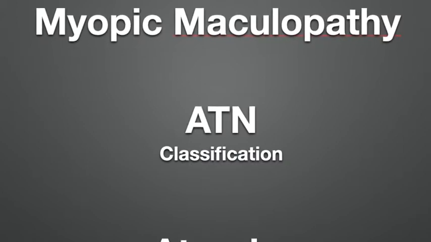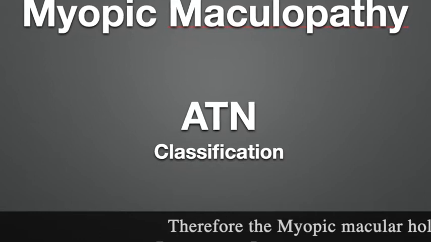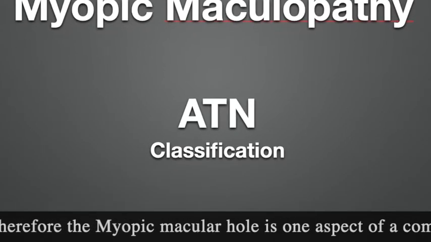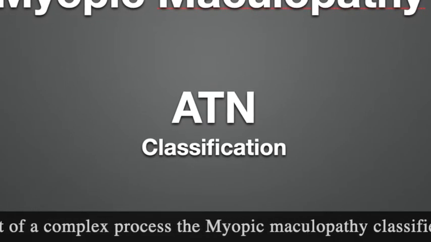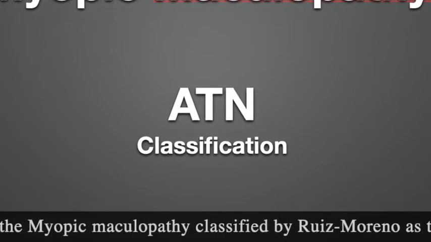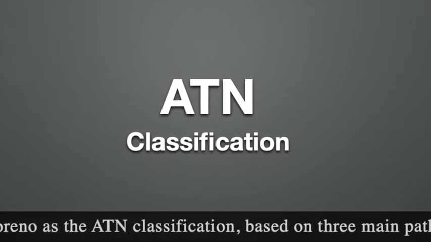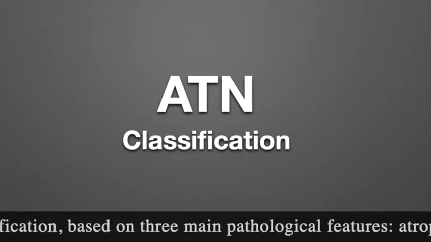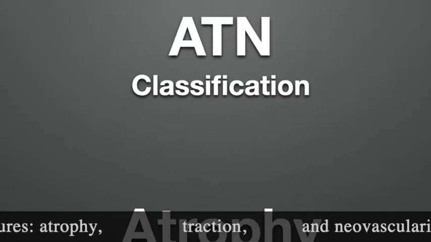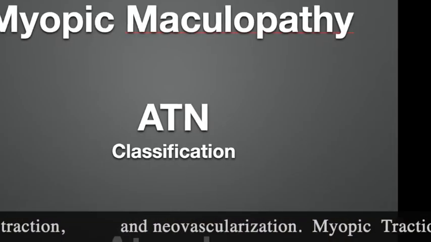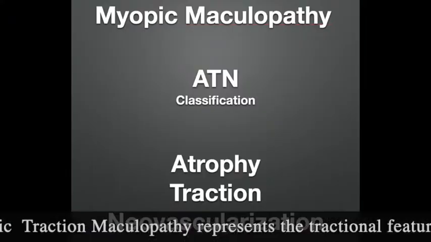Therefore, the myopic macular hole is one aspect of a complex process, the myopic maculopathy, that has been classified by Ruiz Moreno as the ATN classification. It is based on 3 main pathological features: atrophy, traction, and neovascularization.